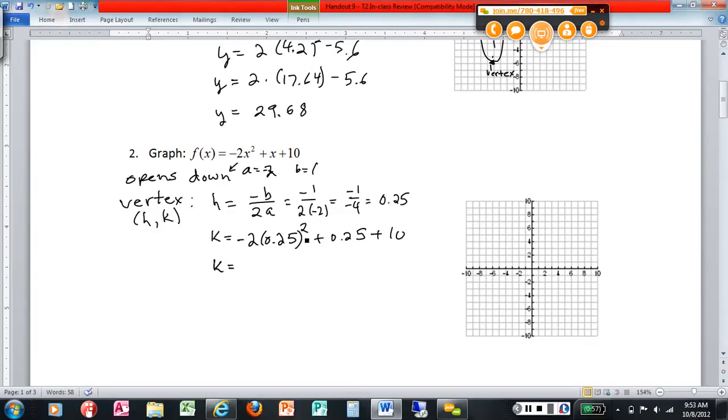And again, remember, square first. Squaring comes before all those others. So it'll be negative 2 times 0.25 squared, so negative 2 times 0.0625 plus 0.25 plus 10. Here's what I get.